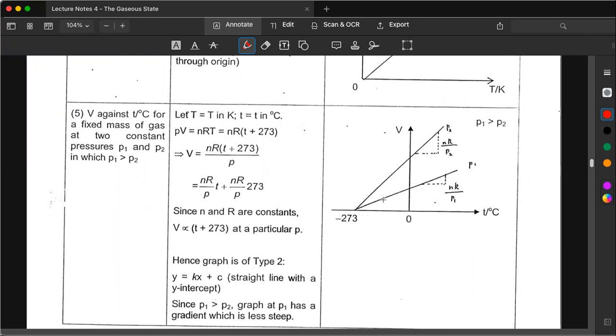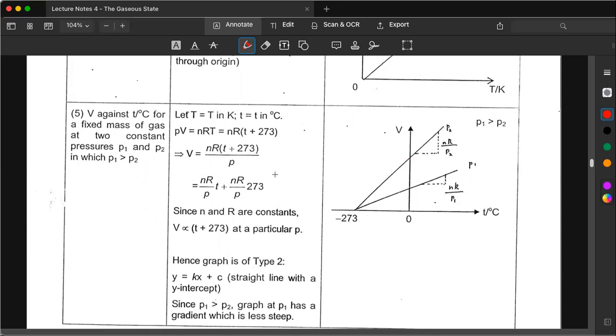Sorry, it will not cut through the origin. It has a y-intercept of nR over P times 273. So this is the y-intercept. y equals mx plus c, so this is c. The gradient of the graph should be nR over P.